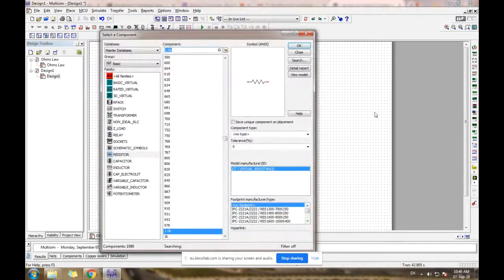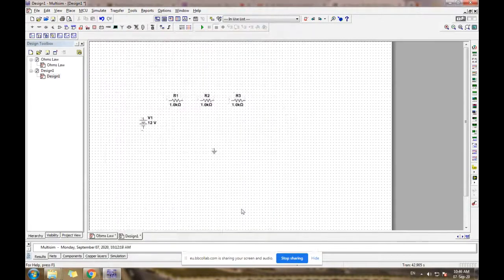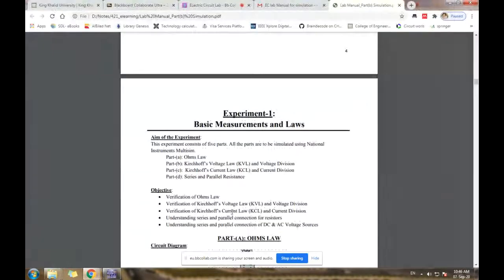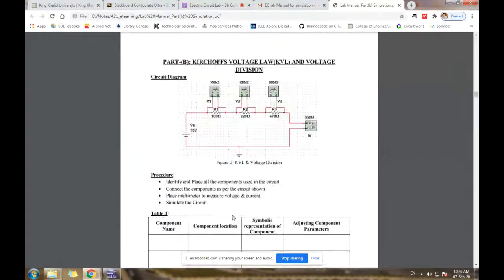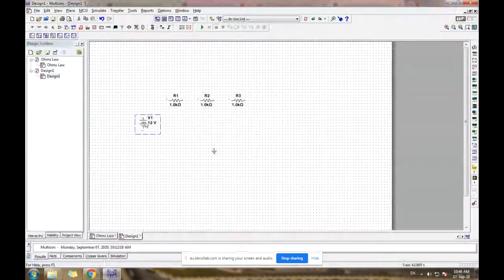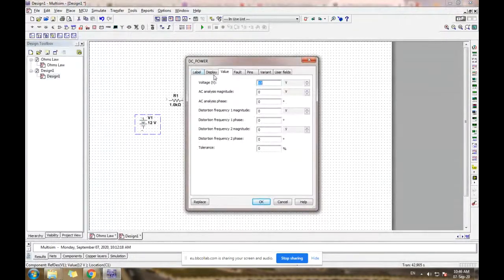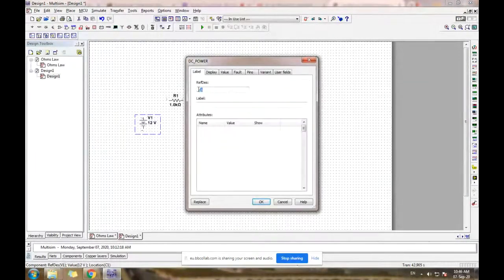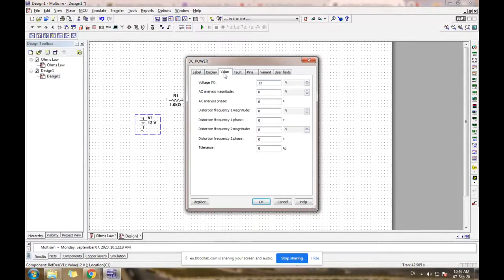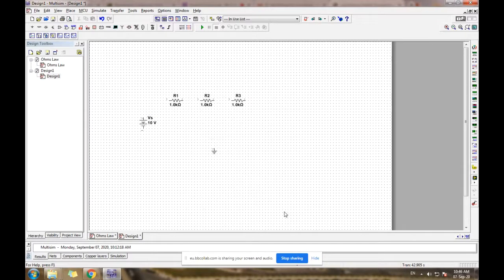Okay. So from the lab manual, you can see what the values of the resistors are. First of all, what is the value? This is Vs and 10 volts, right? So let me change this. The label is Vs, and the value is 10 volts, right?